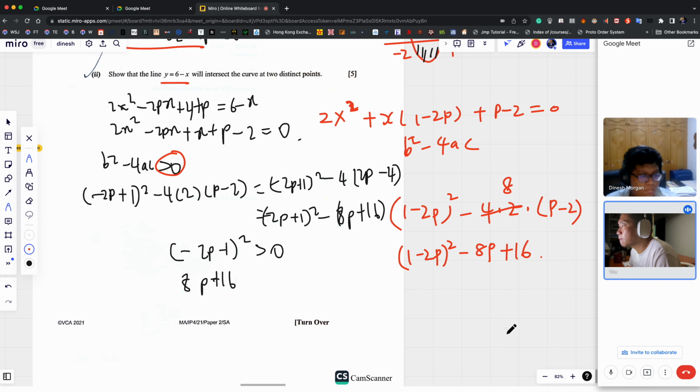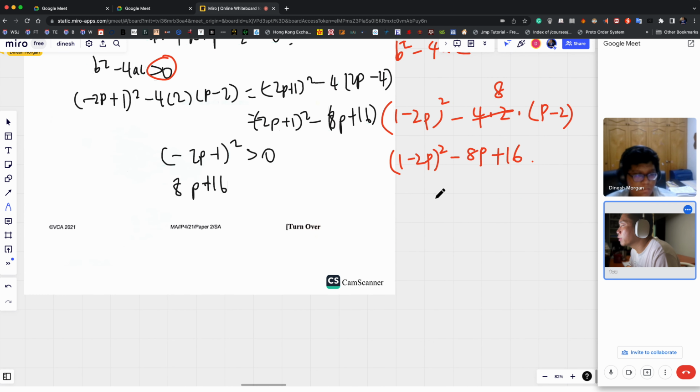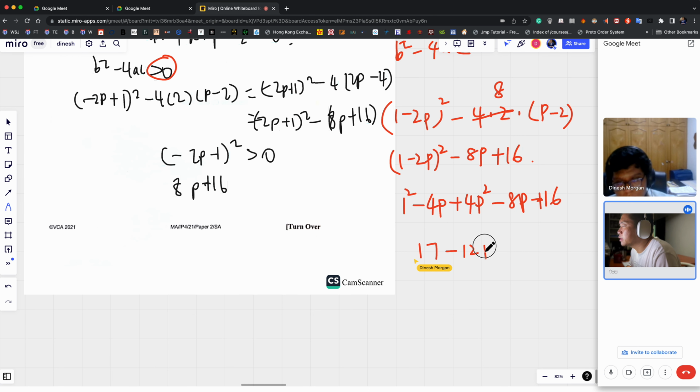So you open it: 1 squared minus 4p plus 4p squared, minus 8p plus 16. Then you have 17 minus 12p, plus the 4p squared.